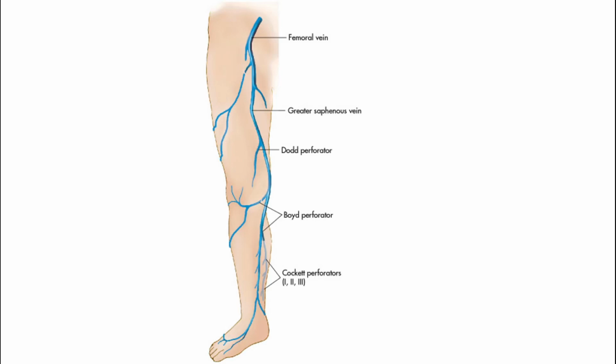Now we are finished with the deep system, and we will have a look at the superficial system of veins of the lower limb.